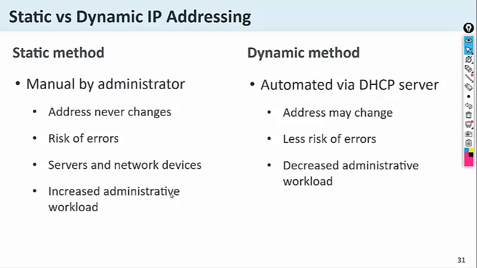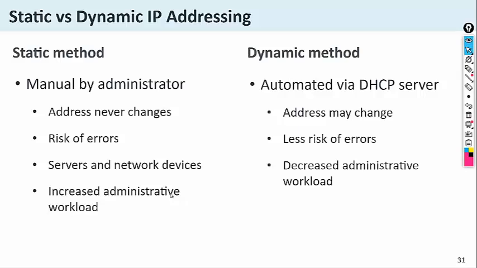Now the question is how to provide the IP address to the computer. One method is the static method, another is the dynamic method. In the static method, we have already discussed how to provide a static IP address by using different methods.